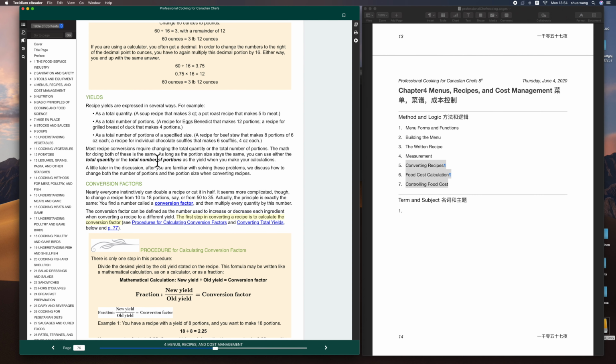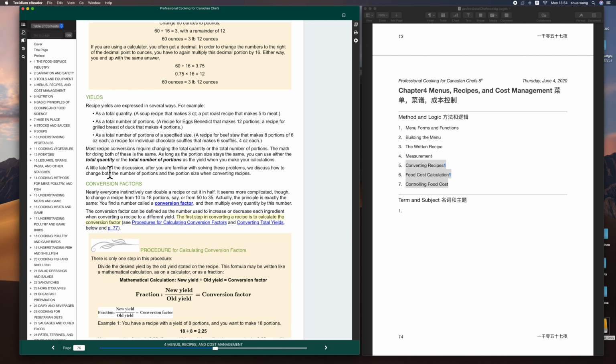Yields. Recipe yields are expressed in several ways: for example, as a total quantity, as a total number of portions, or as a total number of portions of a specified size. Most recipe conversions require changing the total quantity or the total number of portions.